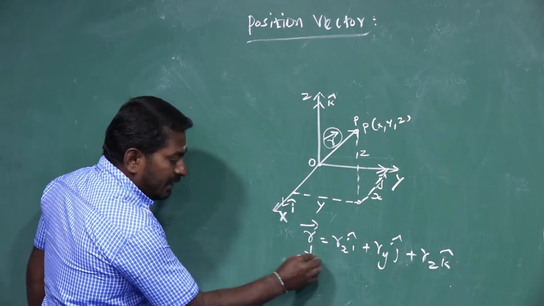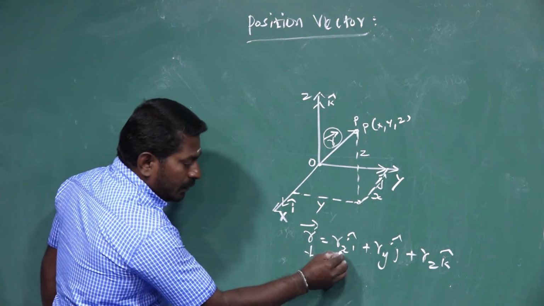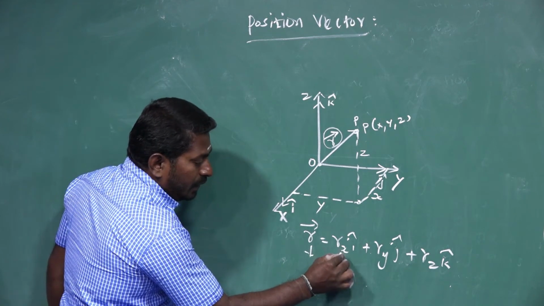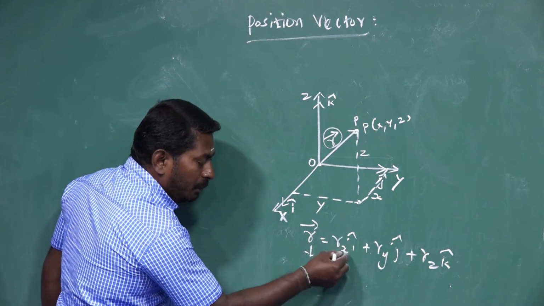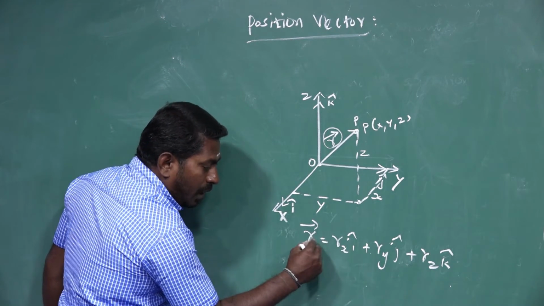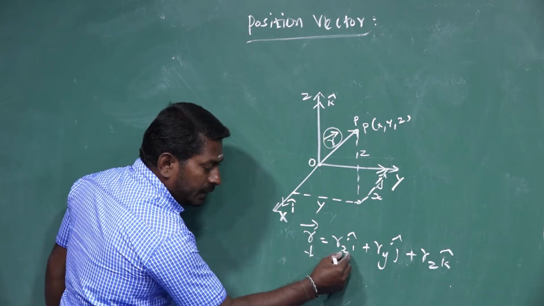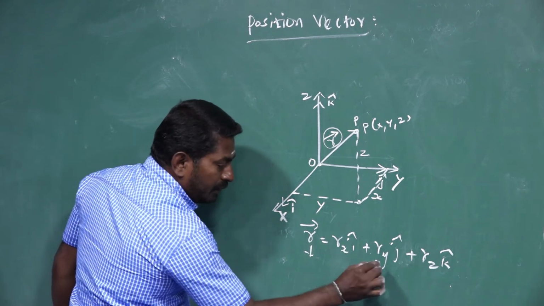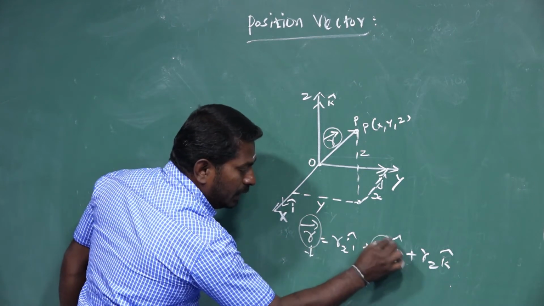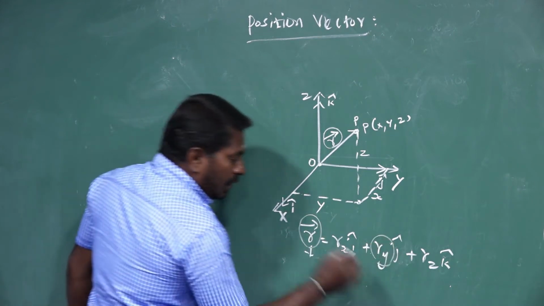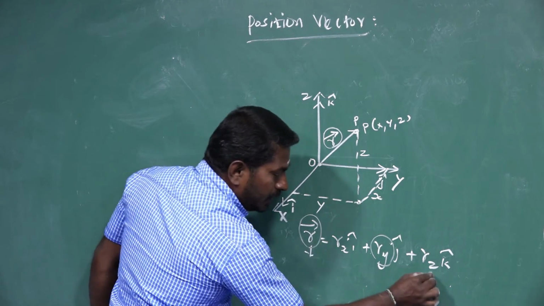So R vector is a position vector, where Rx is the component of the position vector along the x-axis, Ry is the component along the y-axis, and Rz is the component along the z direction.